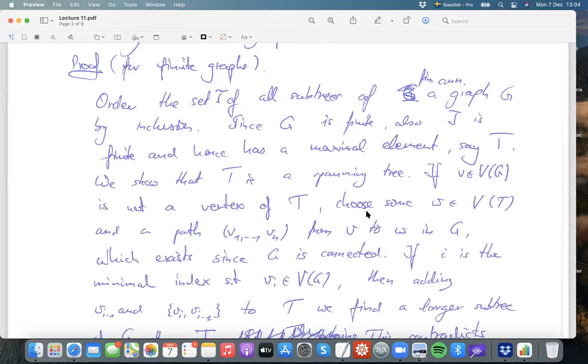So choose some vertex W among the vertices of our tree, and a path from this vertex, which is not in our set, to W, which belongs to our tree. Such a path obviously exists since the graph is connected.